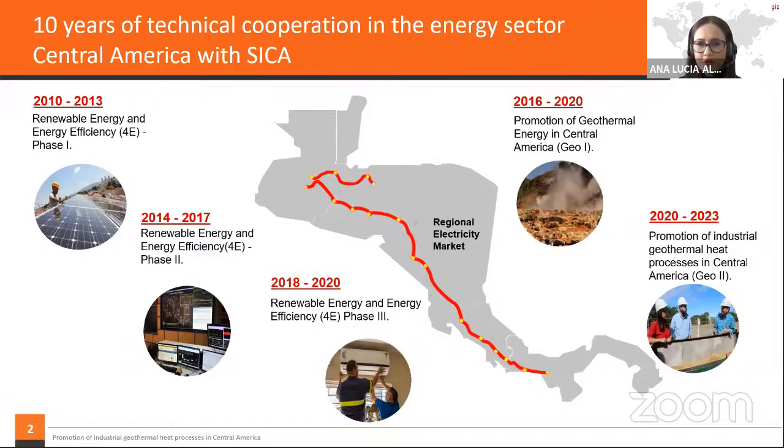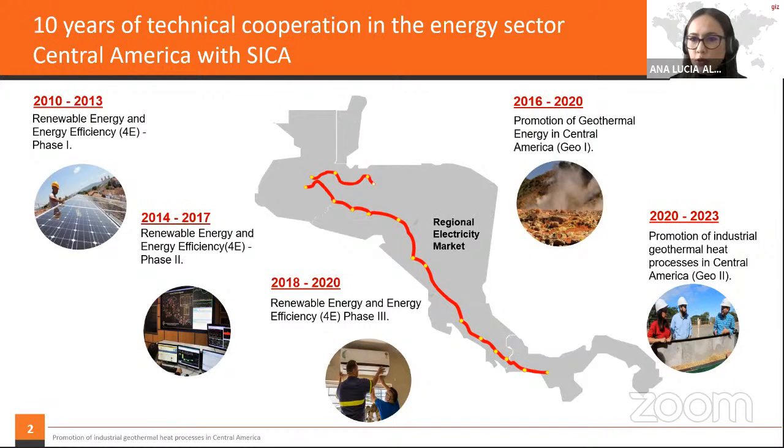But first of all, I would like to share with you that the German cooperation has already 10 years working in these 6 countries in Central America. We started in 2010, and I think it was at the end of 2013 that we started to think about geothermal and what we can do to improve the use of the geothermal resources.